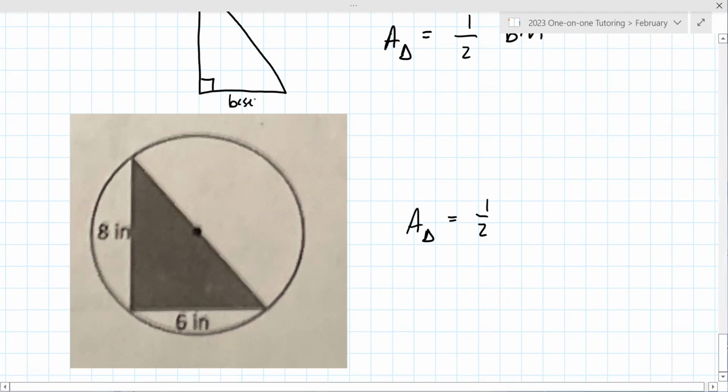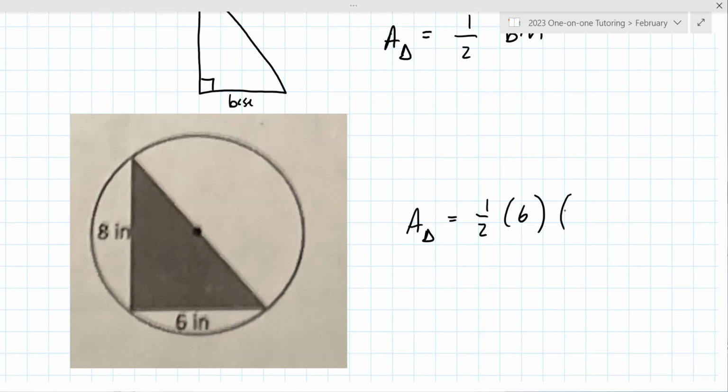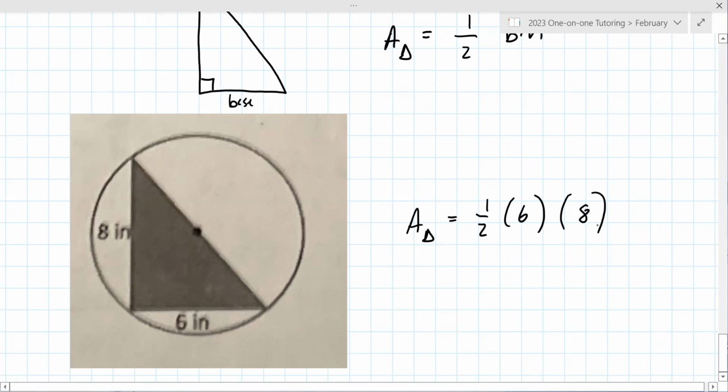It's 6. And the height? The height is 8 inches. That's right. So I want you to multiply 6 times 8 and then divide by 2.